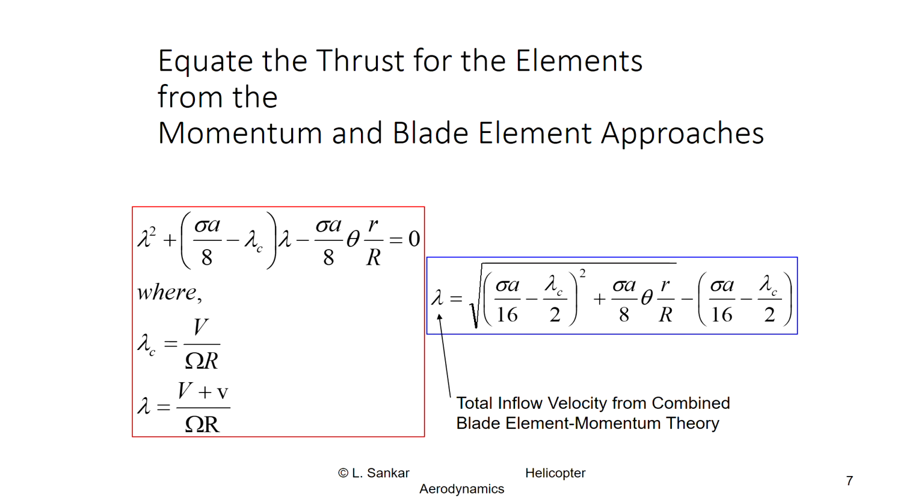Then capital V plus lowercase v, divided by omega R, is called the total inflow ratio. And lowercase v by omega R is sometimes called lambda I, the induced inflow ratio.